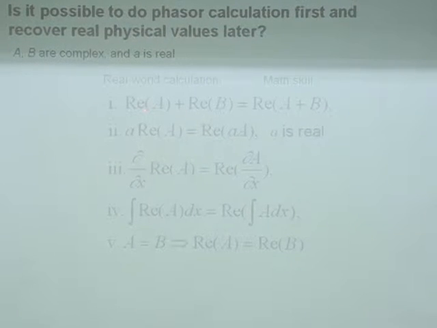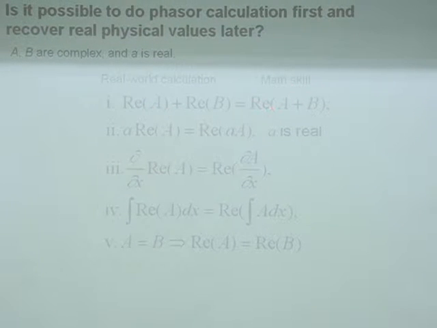Well, indeed, in complex analysis, you can do summation of two complex numbers first, and then take the real part of it. This is equivalent to the summation of the two real numbers in the real world.